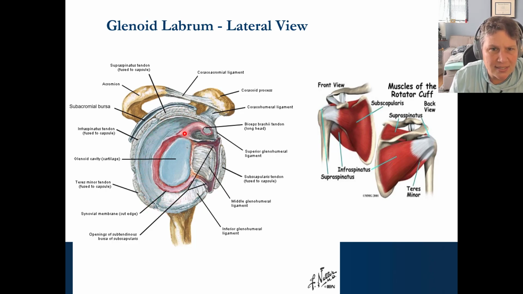And what's stuck in here, actually inside the capsule, is the long head of the biceps brachii. If there's some pathology, there could be some tearing. If you tear this part of the biceps tendon, you may tear some of the capsule. So these are some things that we look for.